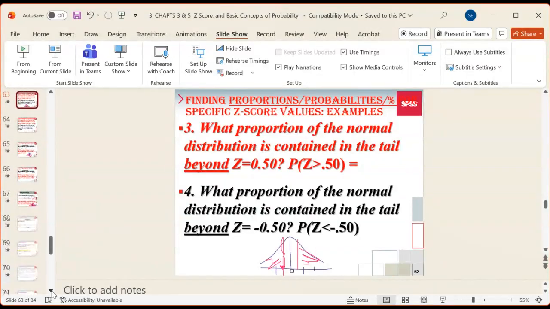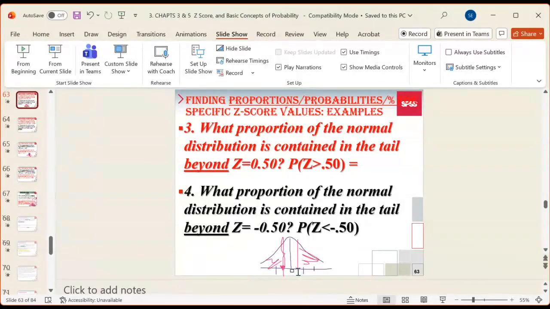I'm not going to do all of them. Get you some idea. What proportion of the normal distribution is contained in the tail beyond the z of 0.5? So beyond means far and beyond to the right. Z is positive. That means they want the right area.